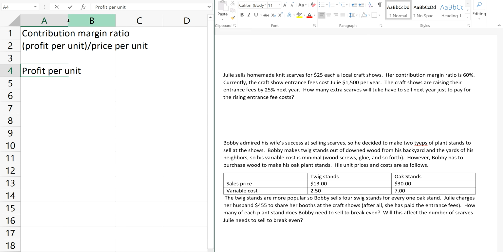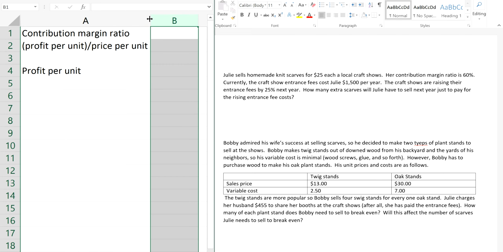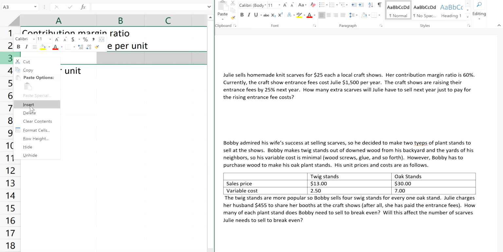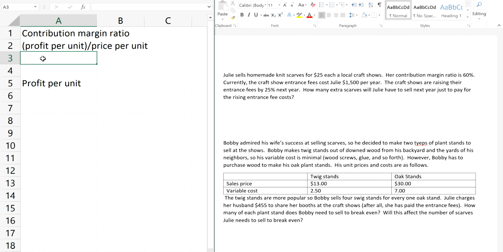So for profit per unit, we're going to reverse this formula over here. We're going to use our contribution margin ratio, which is 60%, and the price per unit, which is $25. Let me just type everything out to make it easier for everybody.